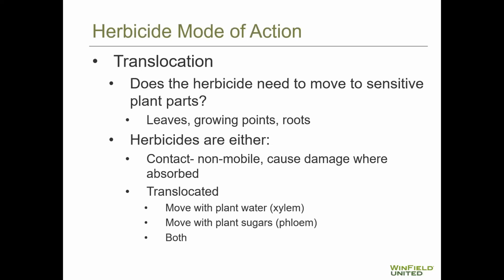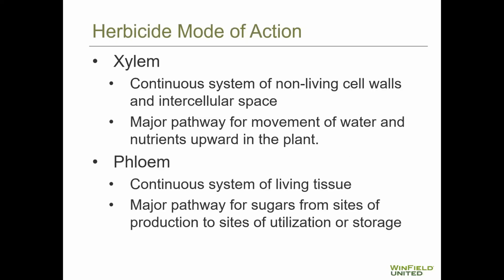There's one that can move through the xylem, and others that can move through the phloem. And then there's actually still others that move through both. Okay, so when you think of xylem and phloem, xylem is a continuous system of non-living cells and intercellular space. Okay, this is what's moving all of your water and nutrients up through the roots to the top of the plant.